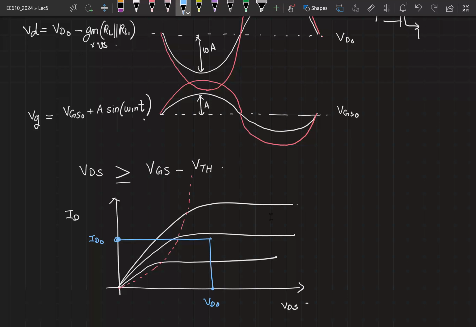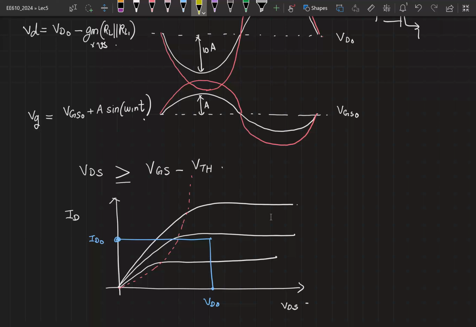When I increase my VGS, in which direction am I moving? I am simply moving to the left side. So do I simply go like this? Just like this? I increased the input, right?